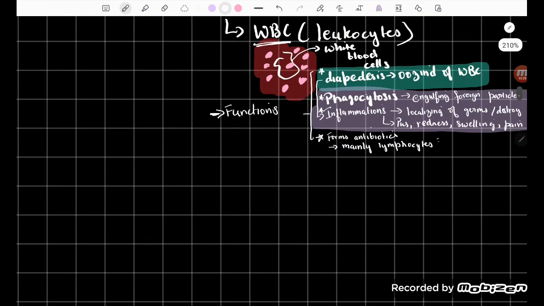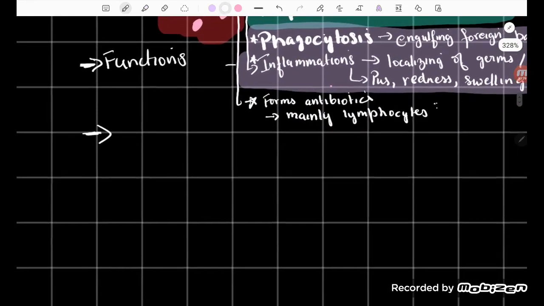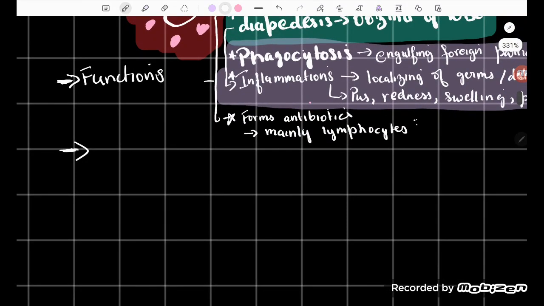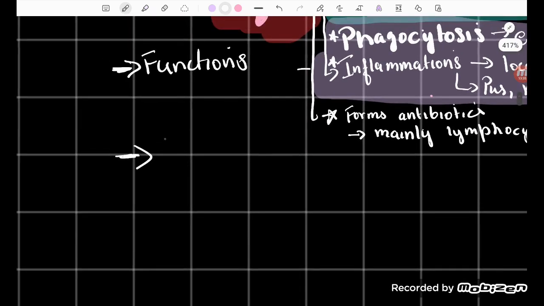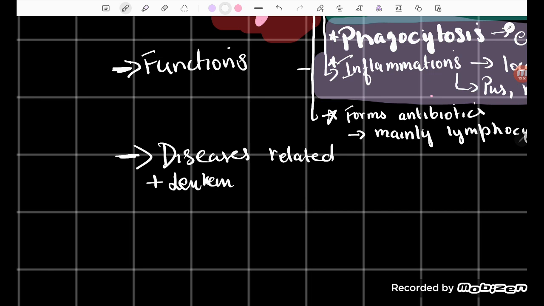That is functions. Let's go on to the next point, which is let's do a few diseases related to WBCs. Two of these which you have to remember is leukemia, cancer of the tissue.